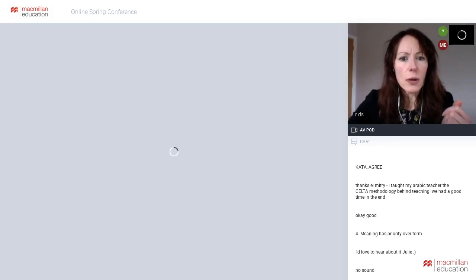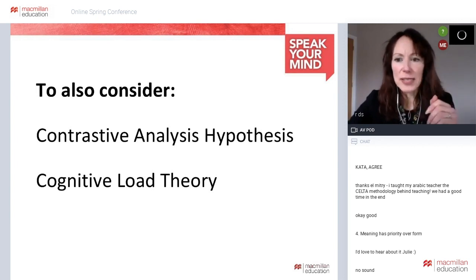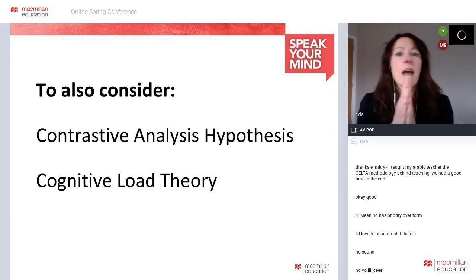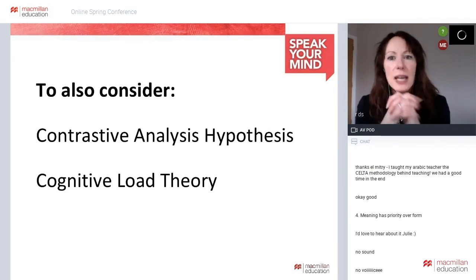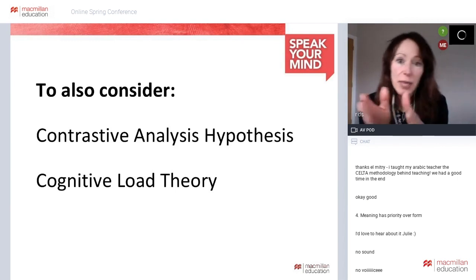Let's move on here to just two more tiny theories to touch upon. As I say, there's so many and all of them fantastic, but these are ones that I think are particularly relevant. So the contrastive analysis hypothesis, which suggests that errors made in the L2 come from the L1.